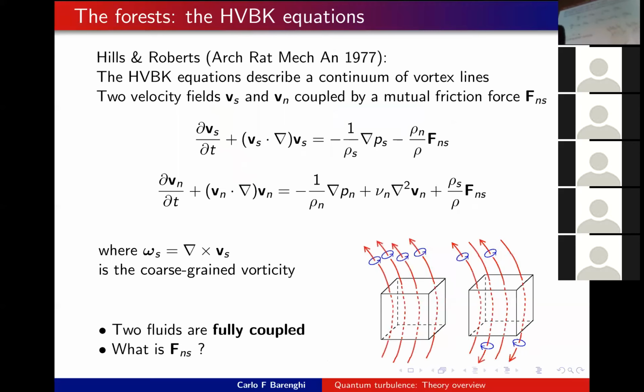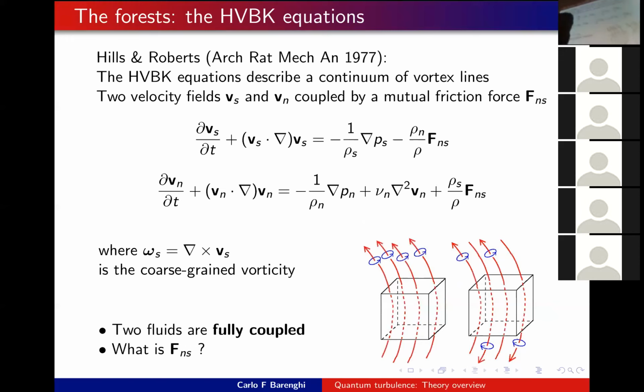Okay, so now let's consider a further description. We go up to the next level, which is the level of the HVBK equations. These are the equations which generalize the original equations of Landau to the presence of vortex lines. The equations of Landau predicted, for example, second sound, but they did not contain vortices.